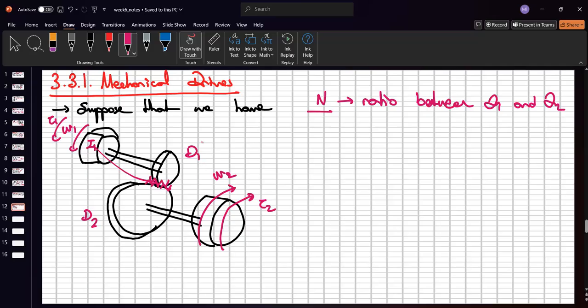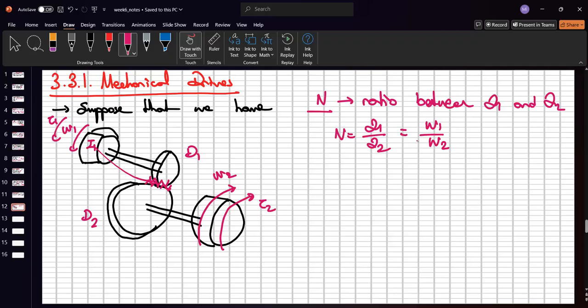If we have different values at D1 and D2, for example one is speed 5, the other one is 10 or smaller, because it's the reduction ratio, right? So, n could be defined as n equals theta 1 over theta 2. And also this is W1 and W2, right? Because this is a rigid body shape.